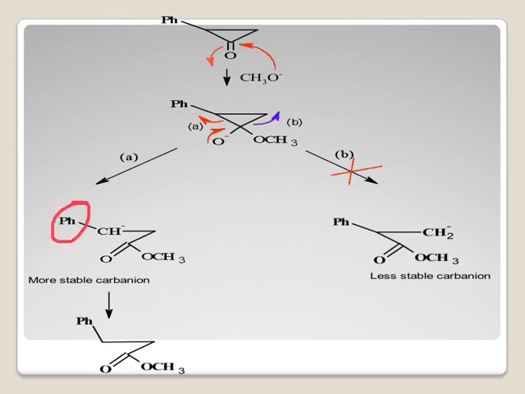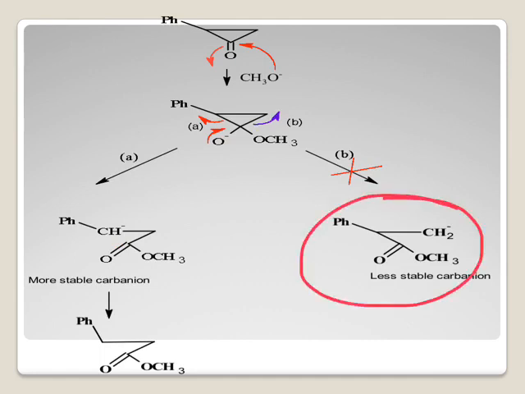It will pull the electron density towards itself, thereby neutralizing the negative charge on carbon atom and making it more stable. So that's why this intermediate via route B is not obtained. So ring will open up via route A to generate this more stable carbanion.